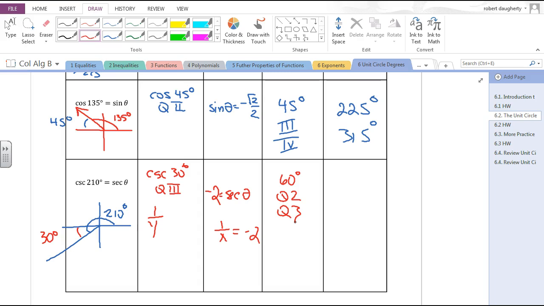What's the 60 degree angle in quadrant 2? 120. In quadrant 3? What's the arithmetic that has to happen? No. 180 plus 60, 240.